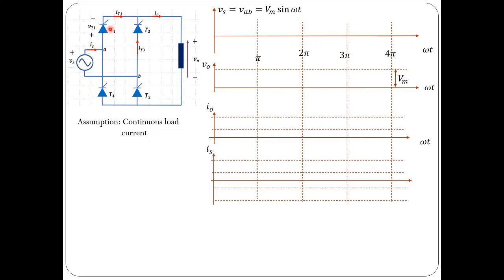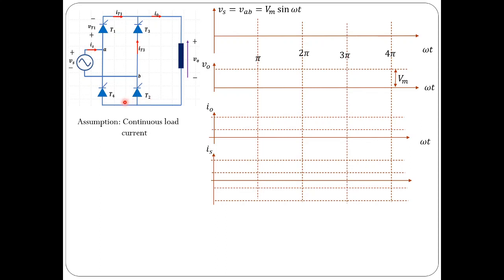Now, if you look at these thyristors, T1 and T3 have a common cathode terminal. So between T1 and T3, the thyristor which has more anode voltage would be forward biased naturally. So for example, if VA is more than VB, so terminal A voltage is more, this would be forward biased. So this would be reverse biased.